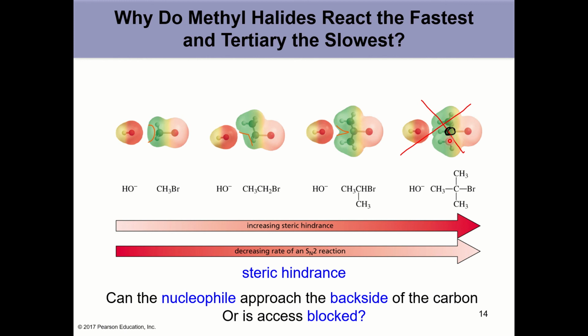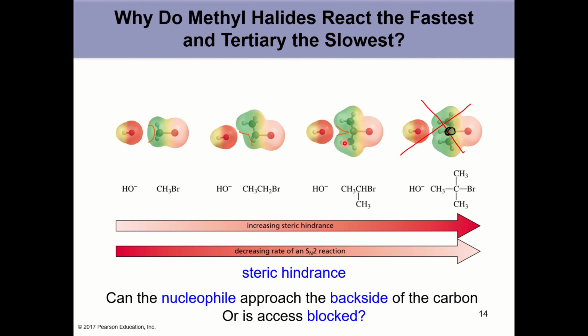And remember what steric hindrance is. It's repulsion of an atom because of proximity, because the outermost part of the atom is the electron cloud. And so this methyl group is repelling the hydroxide ion, but it can still bond to the carbon because there's enough of that positive carbon exposed.